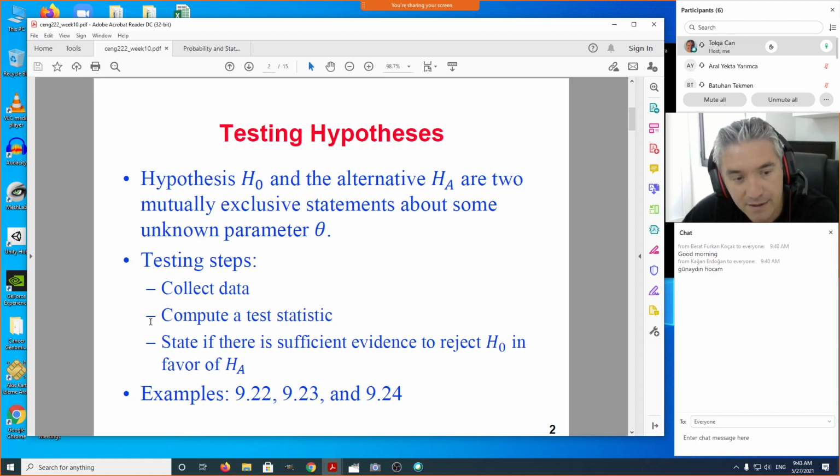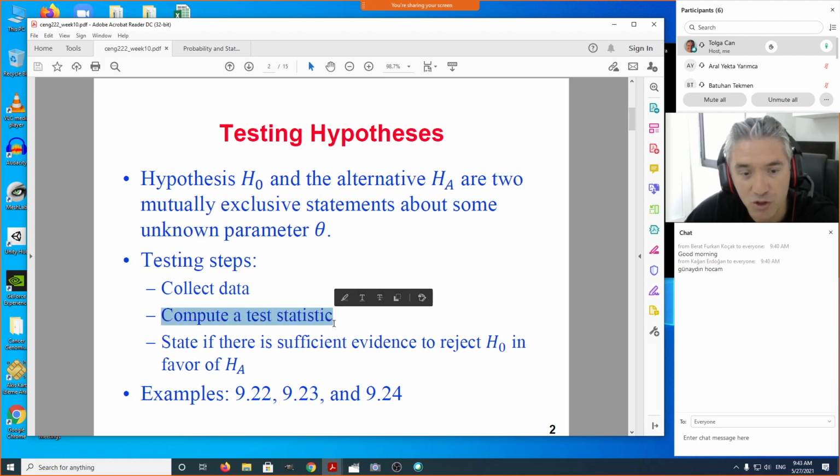And this test statistic that is shown in the second step of the general method for testing hypotheses will be the standardized form. For example, it will be the standardized normal distribution value for that sample mean. In confidence intervals, we didn't standardize it actually.